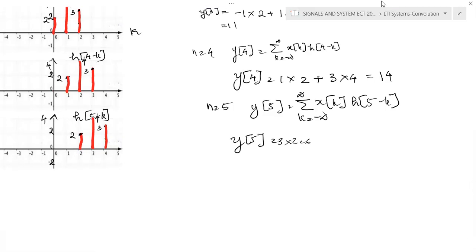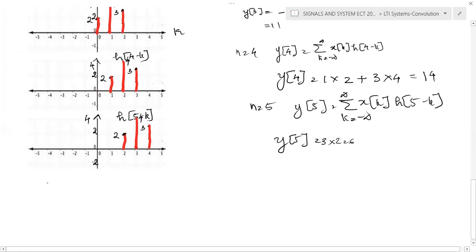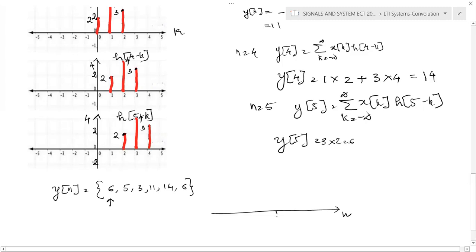So we got all the values. Now we can conclude the final result. That is, you can write y of n is equal to, if you start from the first point, 6, 5, 3, 11, 14, and 6. Okay, we got different values. This is the starting point at 6, and if you draw the waveform for different values of n, start from 0, 1, 2, 3, 4, and 5.